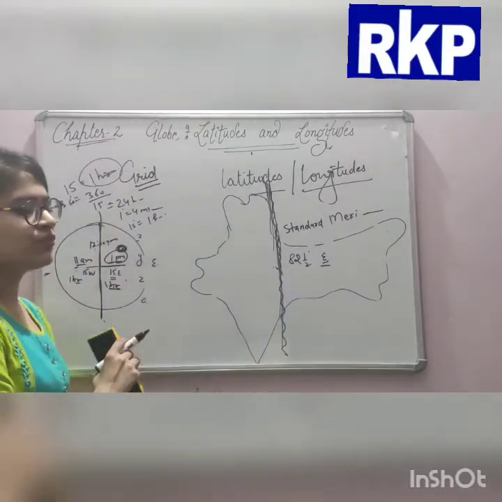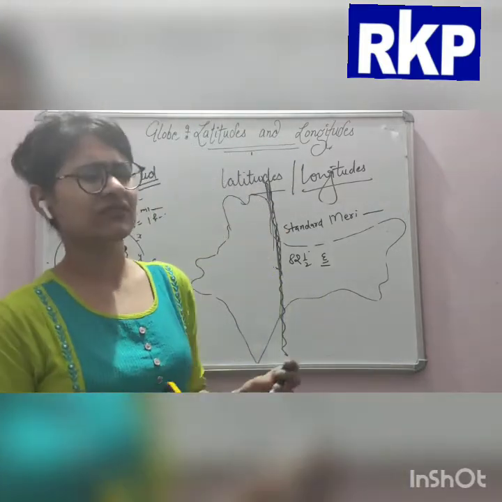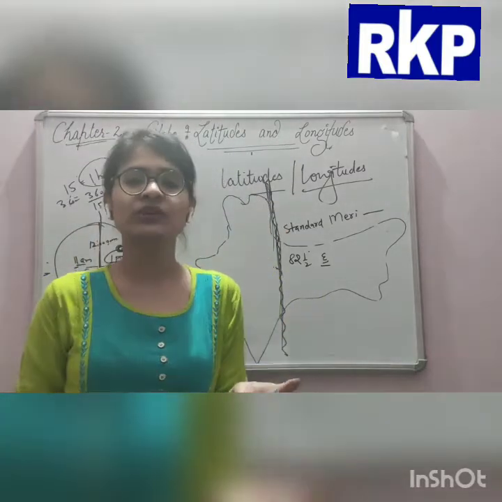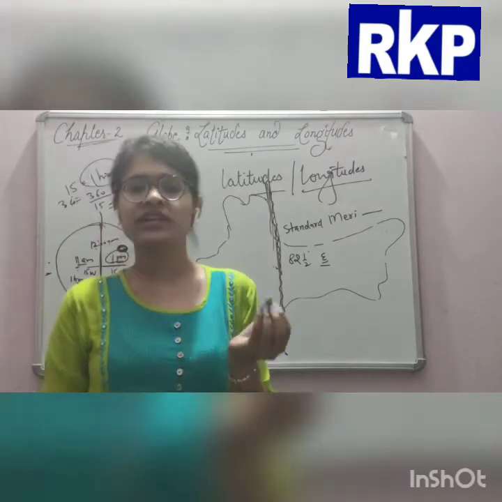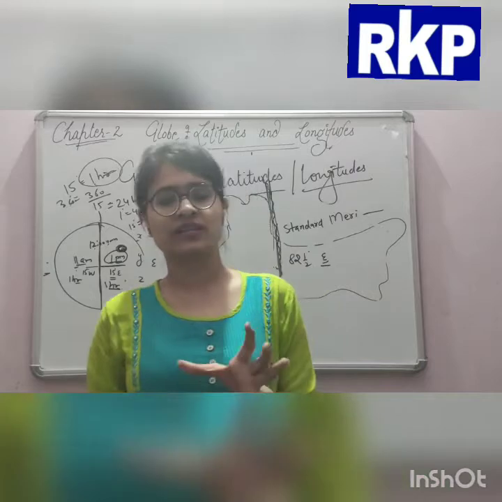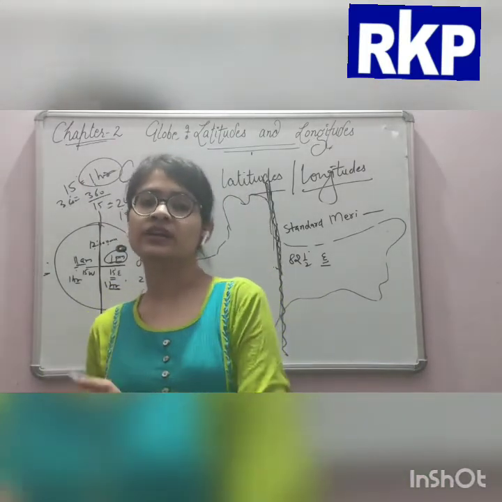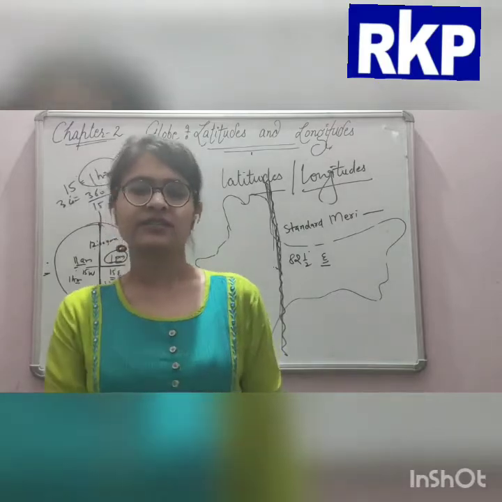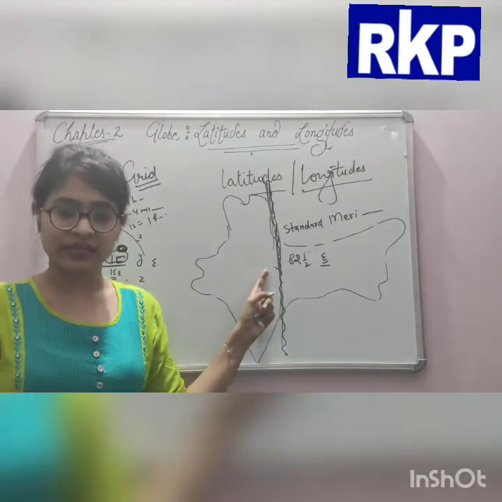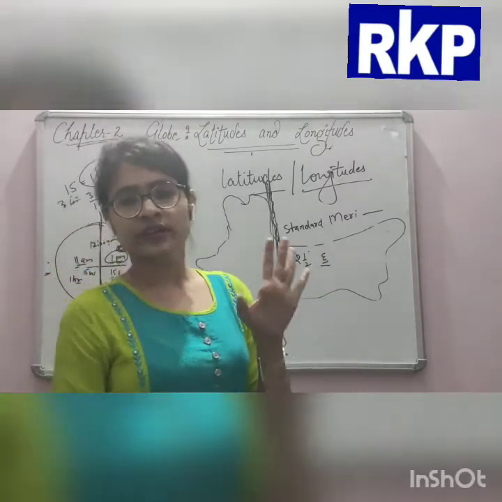Clear? So we decided that we can choose a particular meridian according to which we start counting our time, like the prime meridian. In India also there is a meridian from which we started calculating time, and that is the standard meridian. The time we started counting here is called standard time.